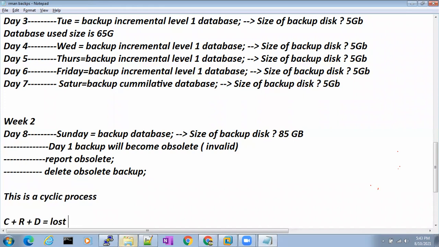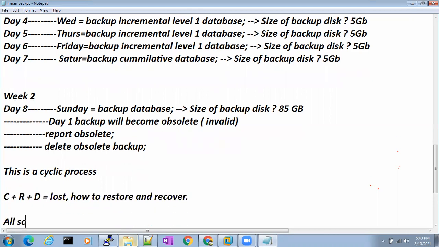We lost the database. How to recover? We will see tomorrow how to restore and recover. There are multiple scenarios. We will see all the scenarios tomorrow.